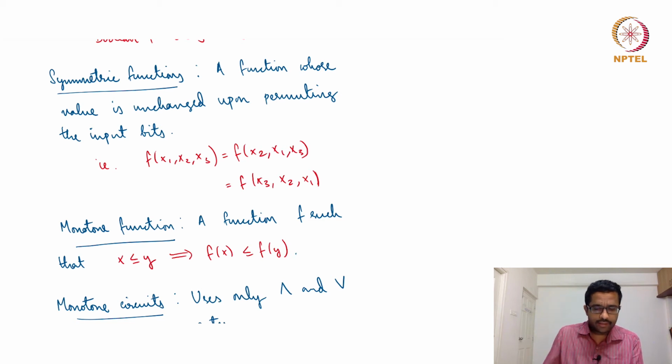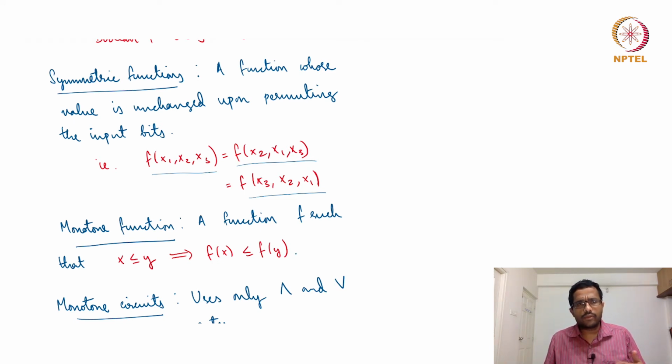A symmetric function is a function whose value is unchanged when you permute the input bits. So if f is a symmetric function, then f(x1, x2, x3) will be the same as f(x2, x1, x3), and the same as f(x3, x2, x1). Any way you permute it, it's the same. All 6 ways will be the same.